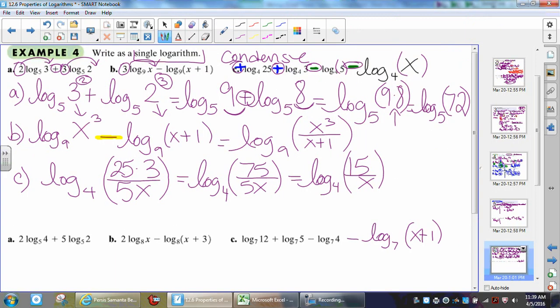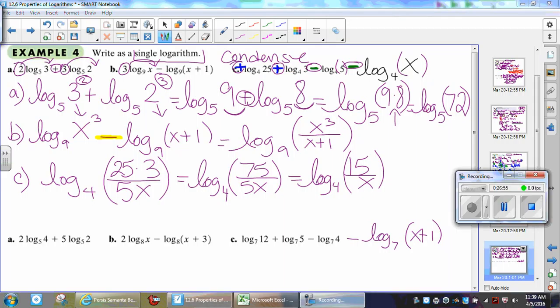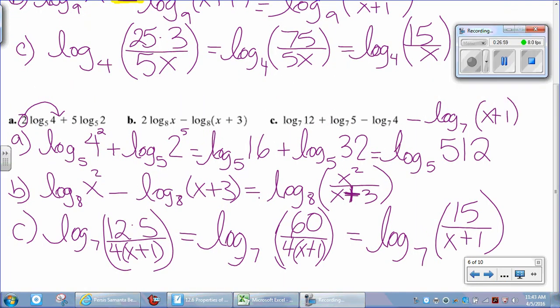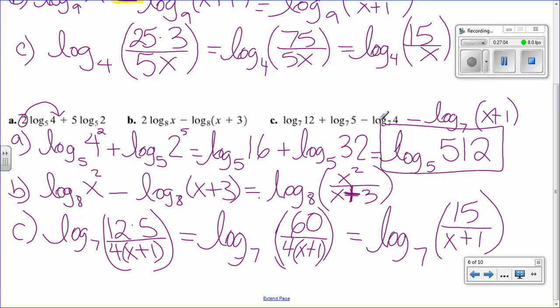Yes, I was being mean to you guys. So here are the answers for the last three problems of that slide. We have the log base 5 of 512, log base 8 of that expression, and log base 7 of that one.